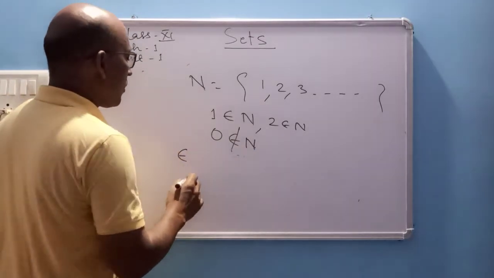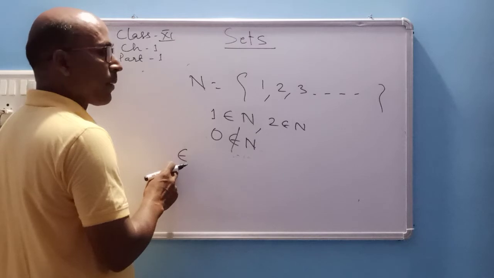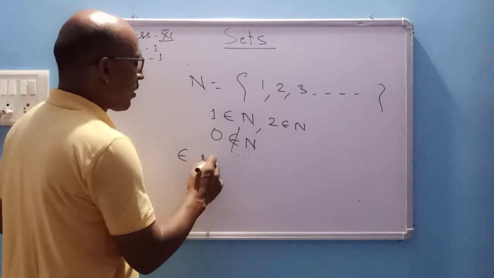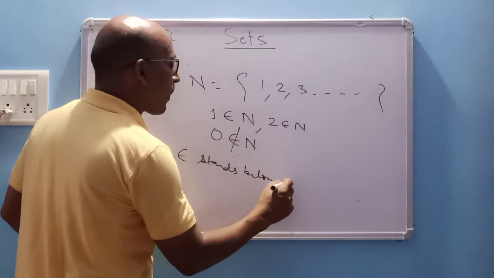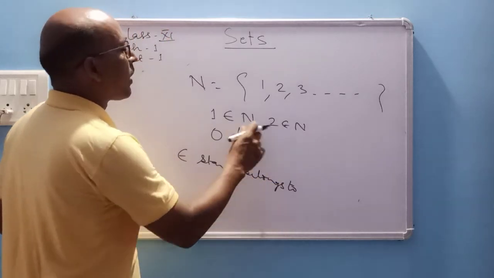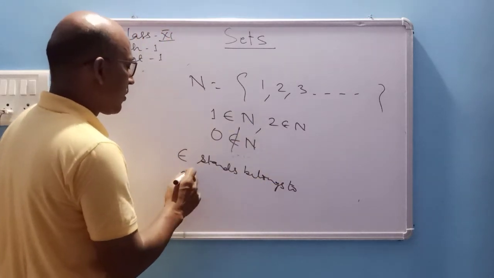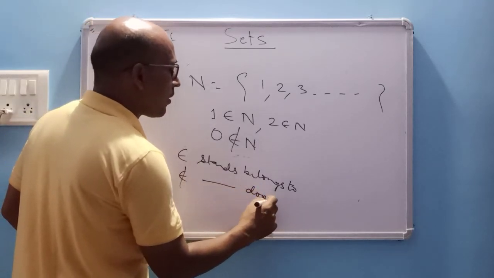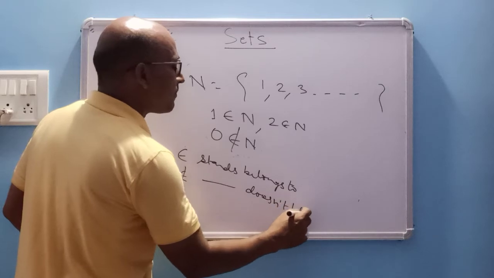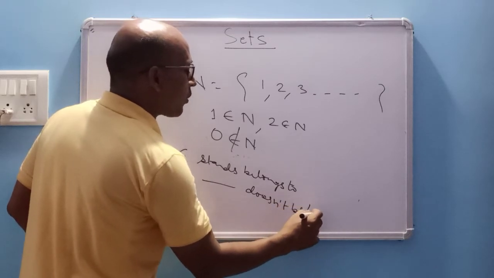So this is the Greek symbol epsilon, which stands for belongs to or member of, and this stands for does not belong to.